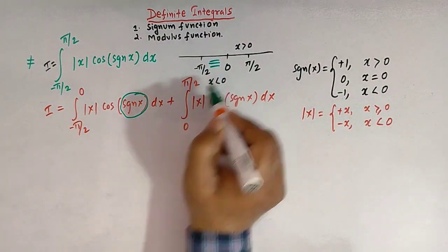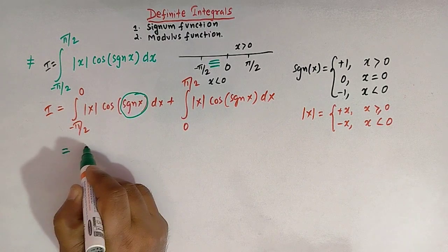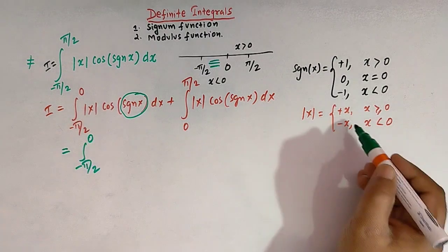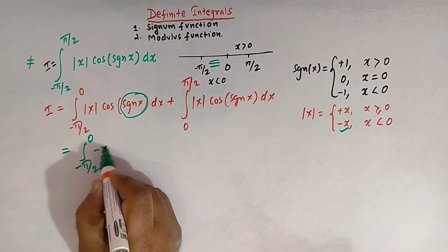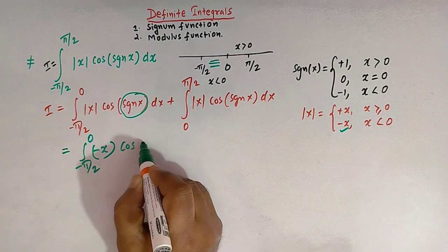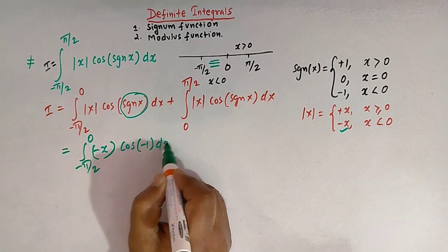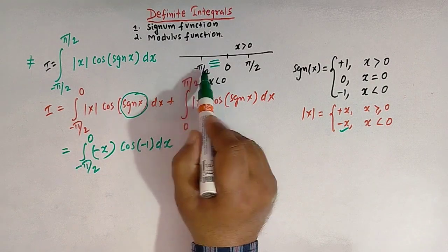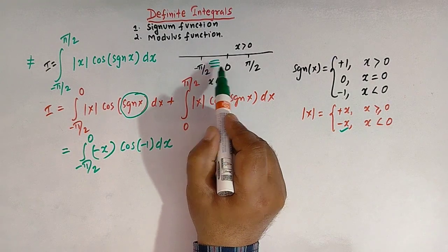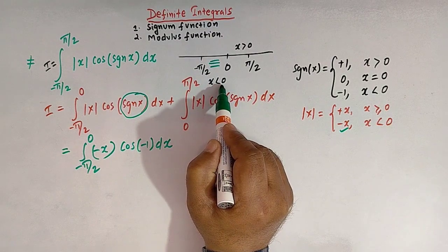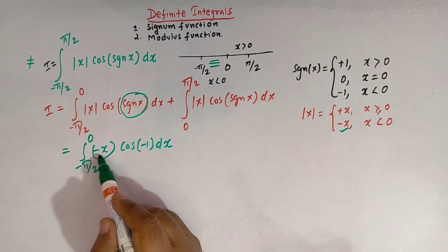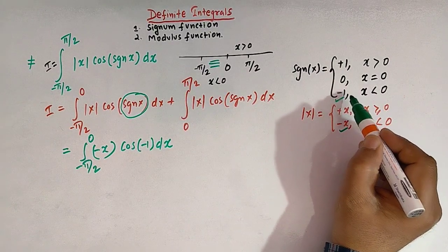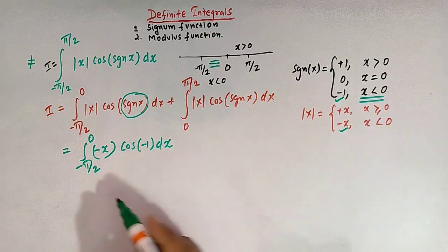So we can now write the integral from minus pi by 2 to 0, and mod of x is equal to negative of x here, and we have cos of minus 1 dx, right? Because when we go from minus pi by 2 to 0, all the x are less than 0. So for mod x we will have minus x, and for signum of x we will take minus 1, because x is less than 0.